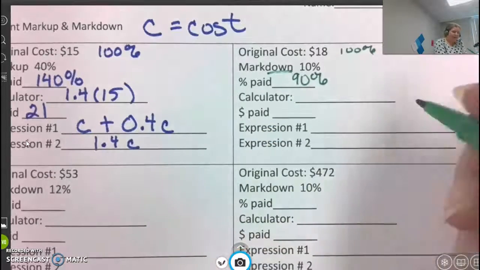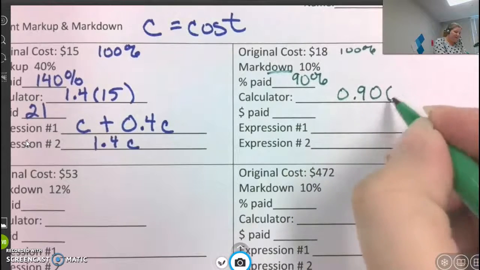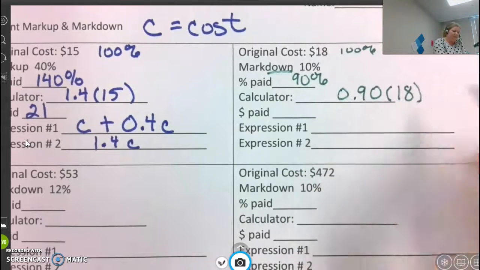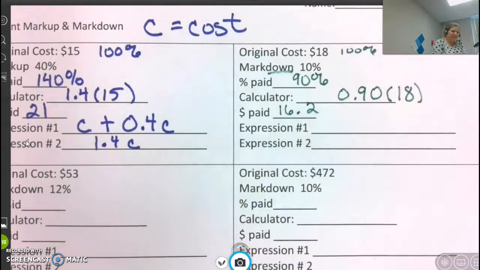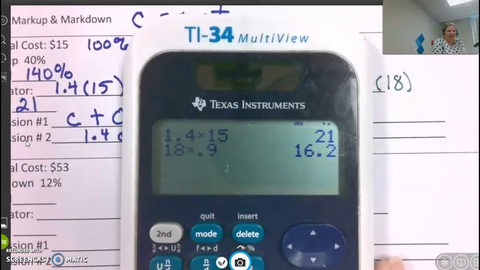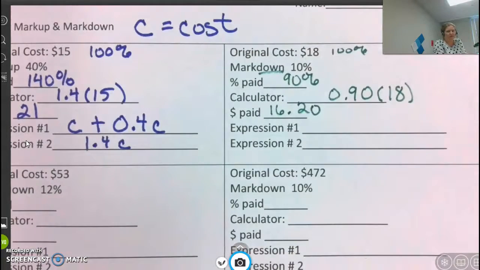So on the calculator, the quickest way to do this is 90% of, or times 18. So 18 times 90% means I'm going to be paying 16.2. Now this is money, so is that 20 or is that 2? It's 20. 20 cents, not 2 cents.